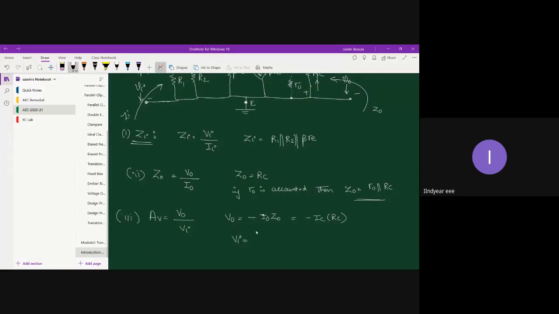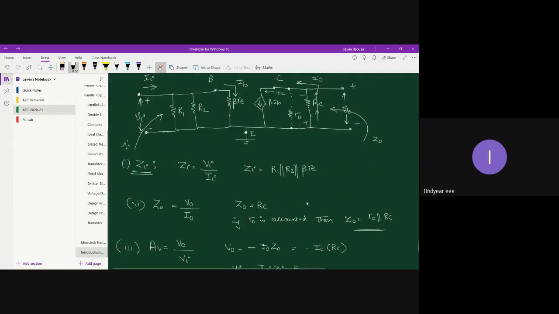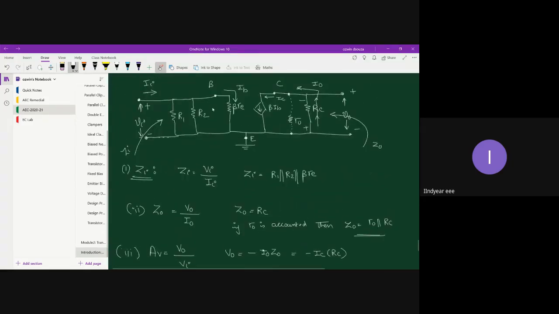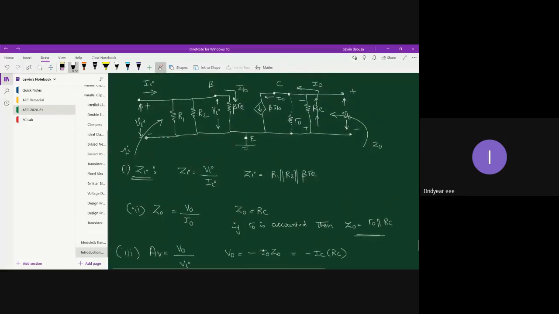Then comes VI. By definition, VI is II into Zi. Or I can also say that this VI will come across base and ground, because it's a parallel connection. Measuring VI across R1 or across R2 or across beta RE is going to be the same. But I'm going to measure VI across beta RE so that I will be able to take the current through beta RE as IB.